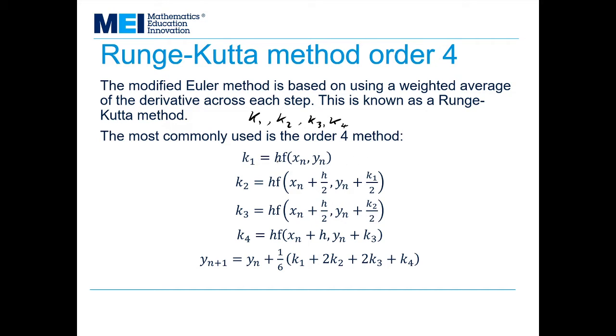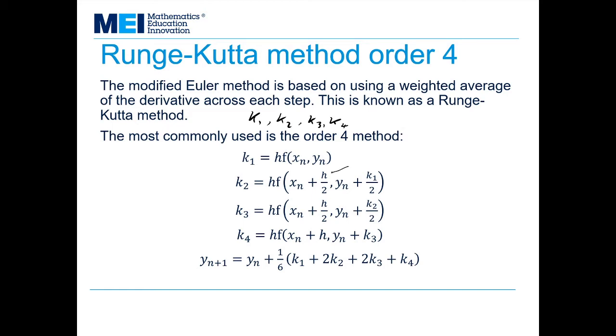Well, first of all, we've got k1 equals h times f of xn and yn. This is just the very first approximation that we used when we first introduced the Euler method. My second k value then, k2, is h times f of xn plus h over 2 and yn plus k1 over 2.